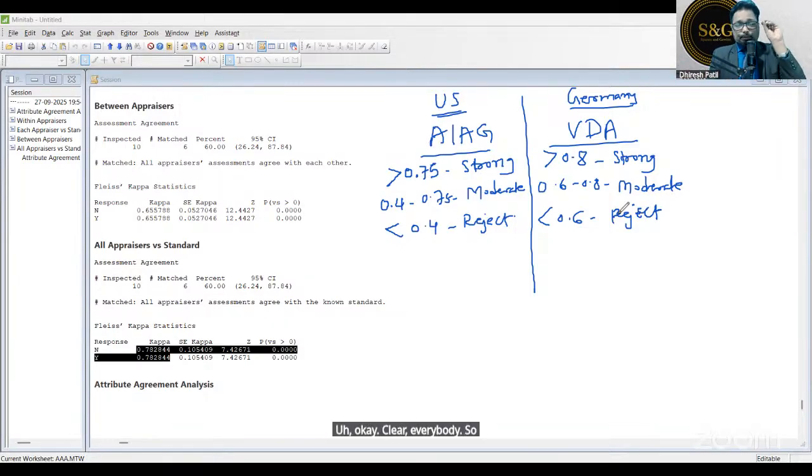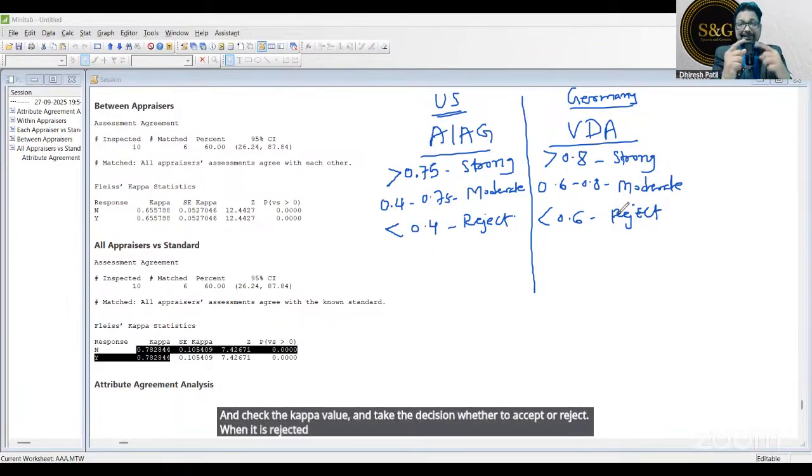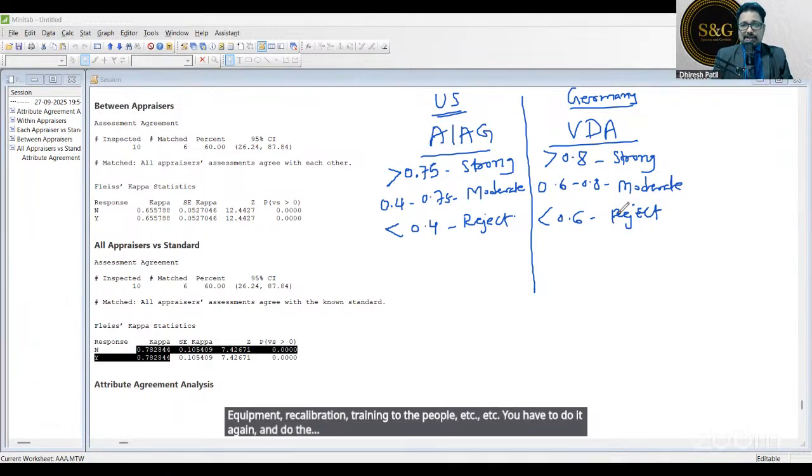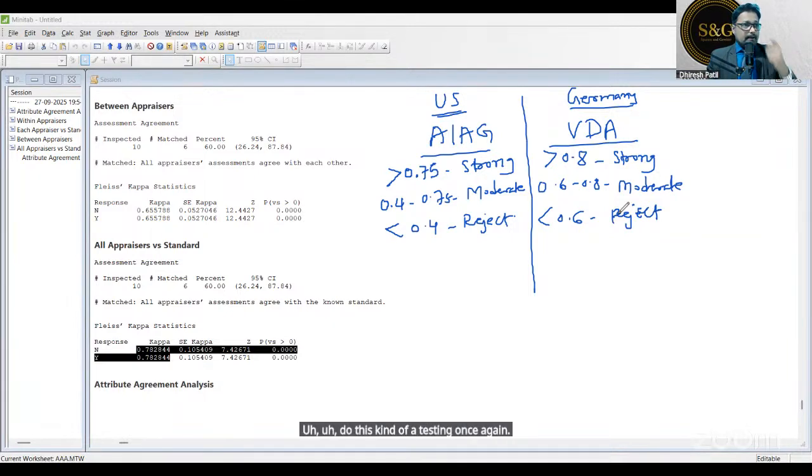So you have to put the data into the software, check the kappa value, and decide whether to accept or reject. When it is rejected, you have to do equipment recalibration, training to the people, etc., and do this kind of testing once again. Clear, everybody? Just give me yes in the chat box.